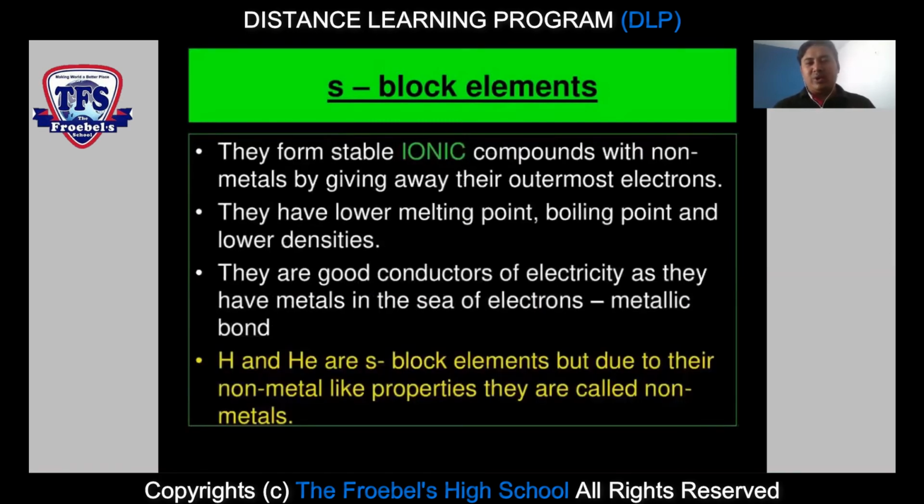So, S block element properties, they are metals. They form stable ionic compounds with non-metals by losing their electrons. Usually, as per metallic character, they have low melting and boiling points and have a low density. They are good conductors of electricity because they are metals, and metals have a sea of electrons.